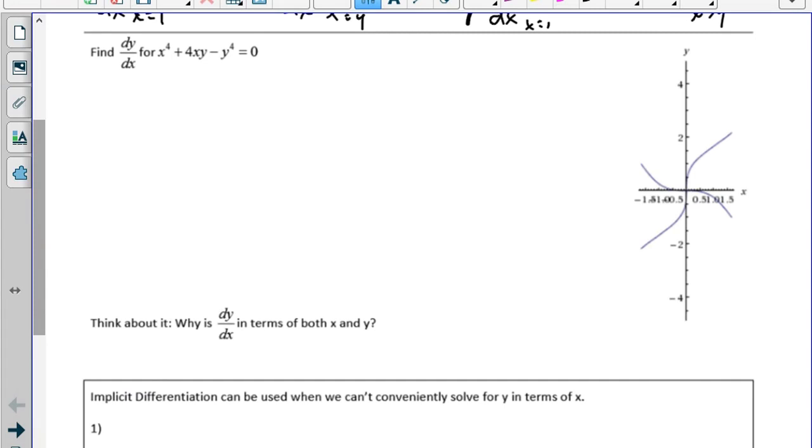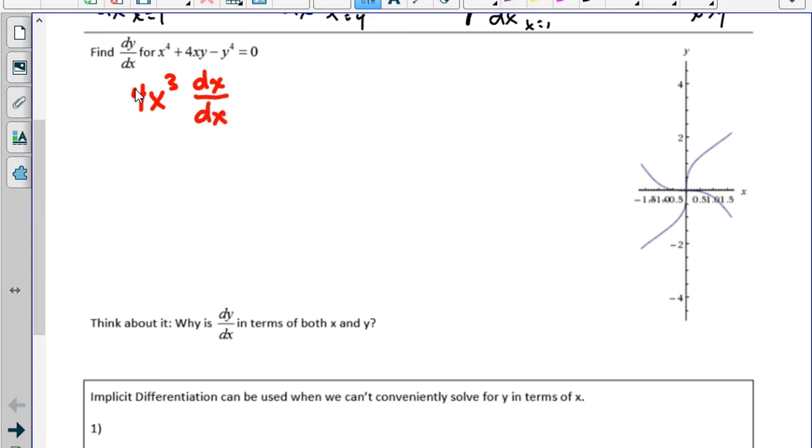So here's an example. We're going to take the derivative of everything. We're going to do 4x to the third. Now, one thing that we haven't really talked about is that whenever we take a derivative of a variable x, we're actually taking the derivative of x with respect to x.